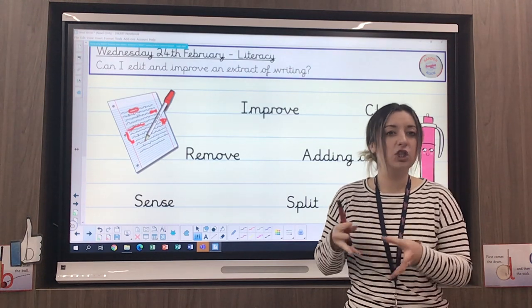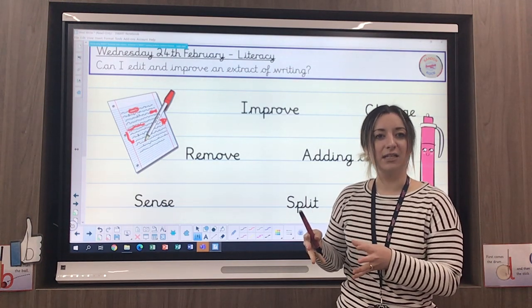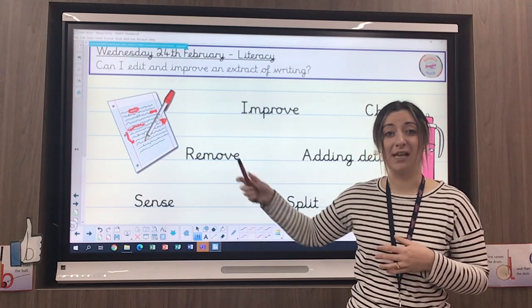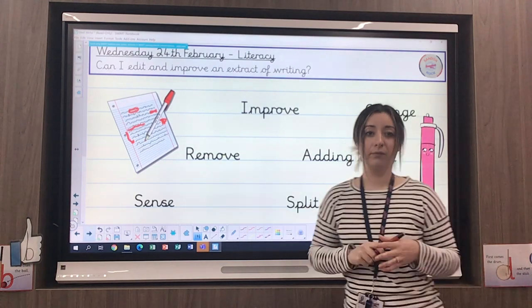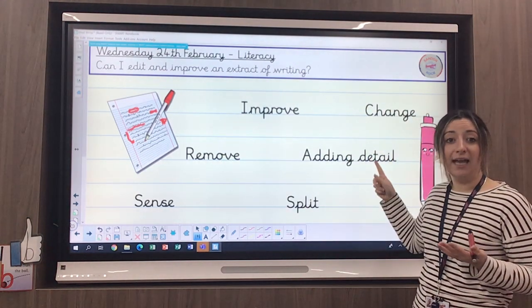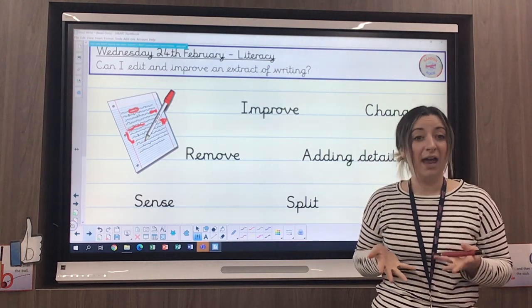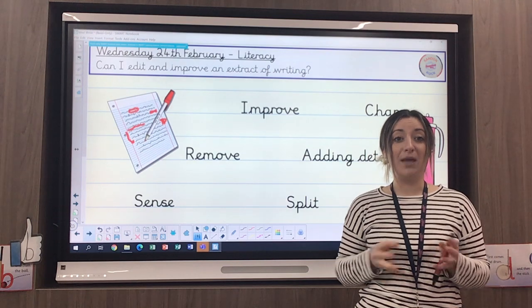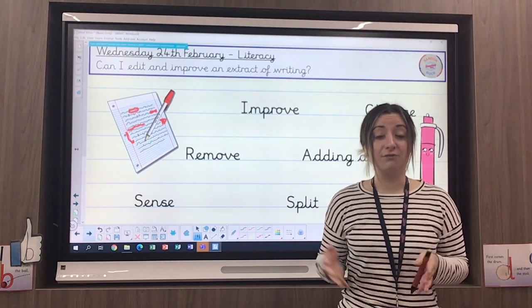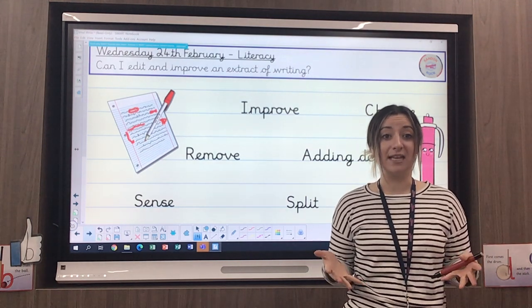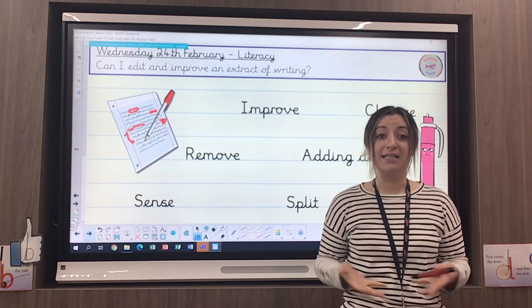Maybe we have written too much in one sentence, or we've maybe repeated ourselves, so sometimes we have to remove. Sometimes it's the opposite and we have to actually add detail. Maybe our sentences are too short and we don't give enough detail in there. Maybe adding a few more adjectives or an expanded noun phrase into our sentences makes our writing much better.